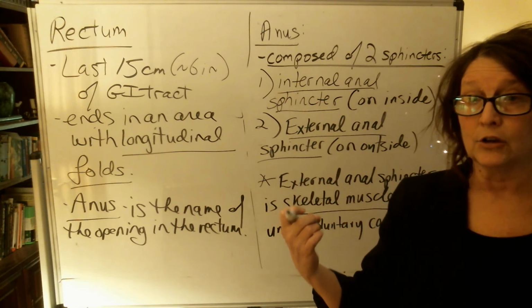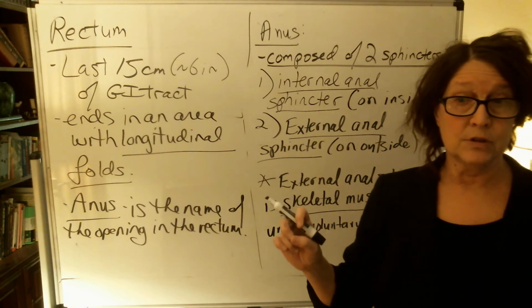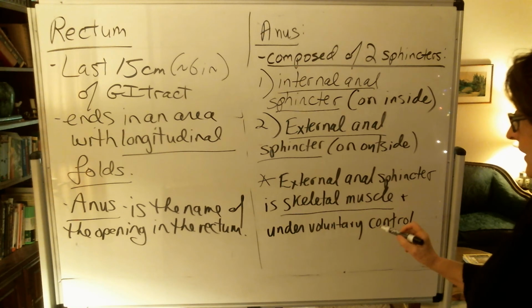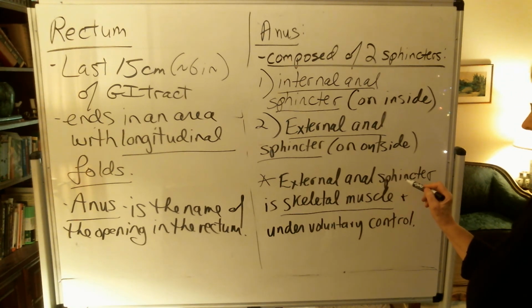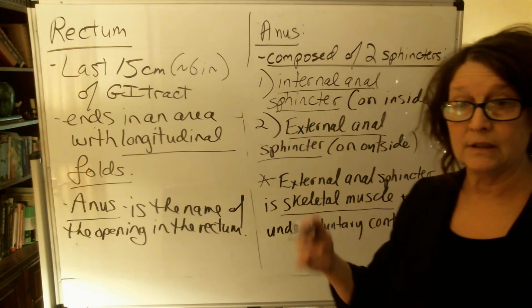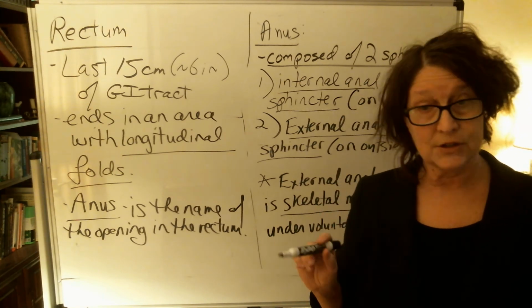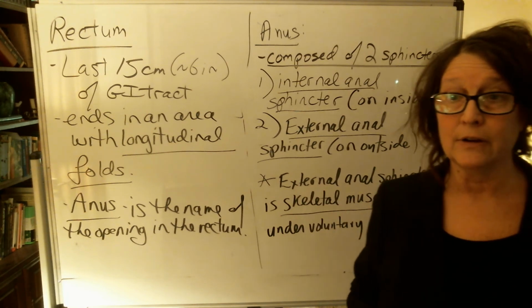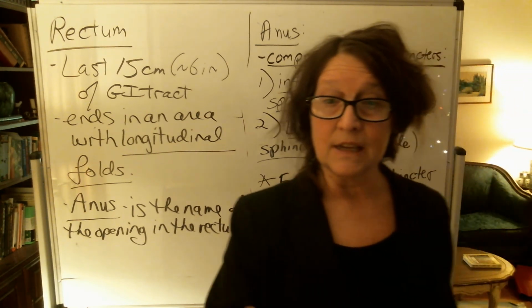It was entirely under involuntary control due to smooth muscles. Finally, at the very end, you wind up with the external anal sphincter, which is made of skeletal muscle, and that you can control. So you finally get control of your GI tract back at the very last moment. And that is the end of this lecture.